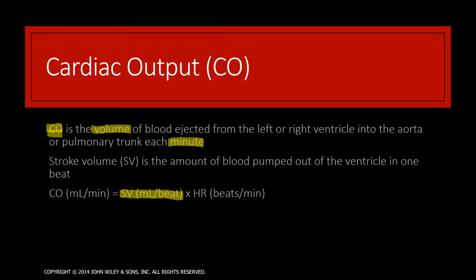Remember, that's the milliliters in each beat that is ejected. And we're going to multiply that by the heart rate, which is the amount of beats per minute. And that will give us the volume, or the milliliters, pumped out every minute. So that's going to be our cardiac output, or the amount of blood output by the heart every minute.